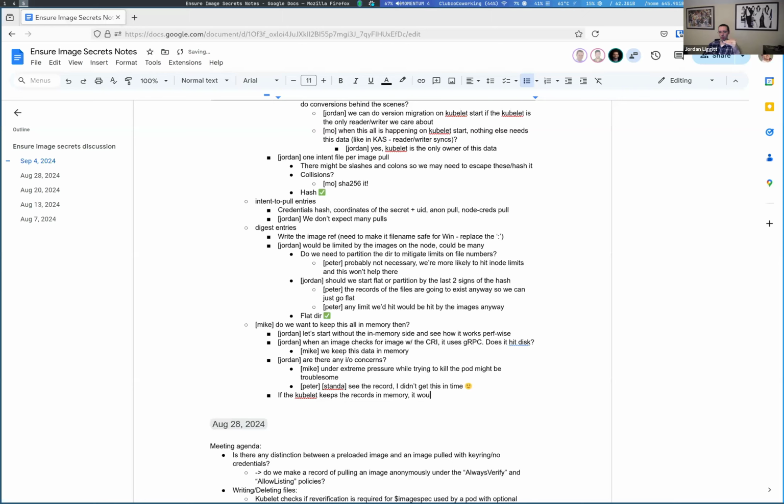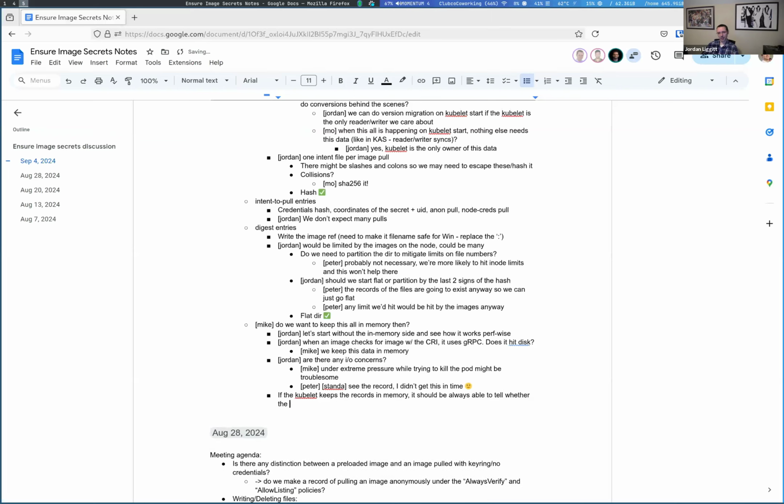If it tries to pull and you can't persist intent to pull, then I think that's an error, and you fail to pull. Or if the pull completes and you can't promote to the digest entry, maybe that's an error. But the errors are on the write path. If the kubelet doesn't hold bookkeeping in memory, then you can get errors on the read path.